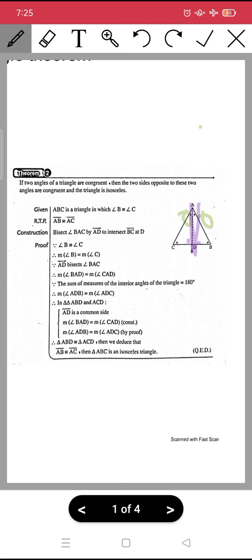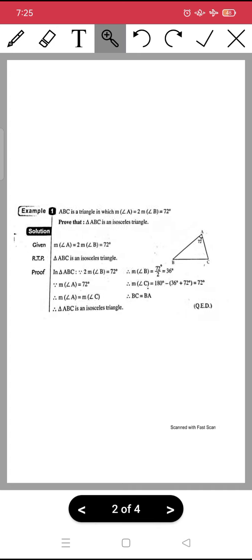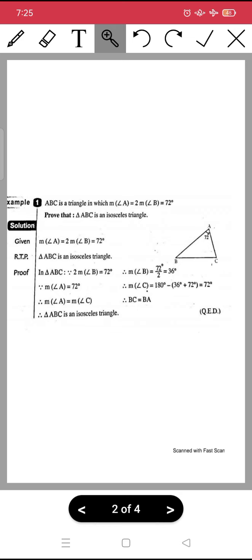Therefore, triangle ABD is congruent to triangle ACD by ASA, angle, side and angle. Therefore, from the congruency, AB is congruent to AC. Therefore, triangle ABC is an isosceles triangle. And by this way, we have proved the converse of the isosceles triangle theorem.